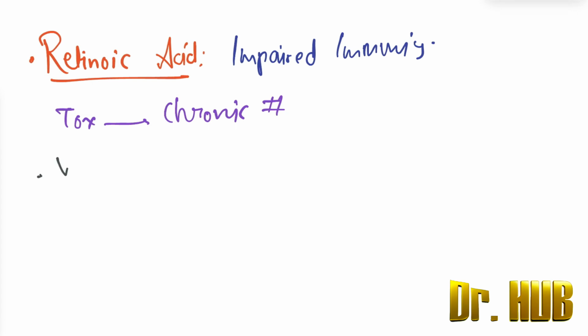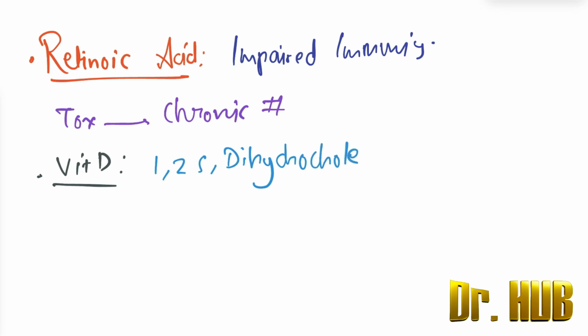Next, we are going to look at vitamin D. The active form is 1,25-dihydroxycholecalciferol. What is the deficiency going to be like?